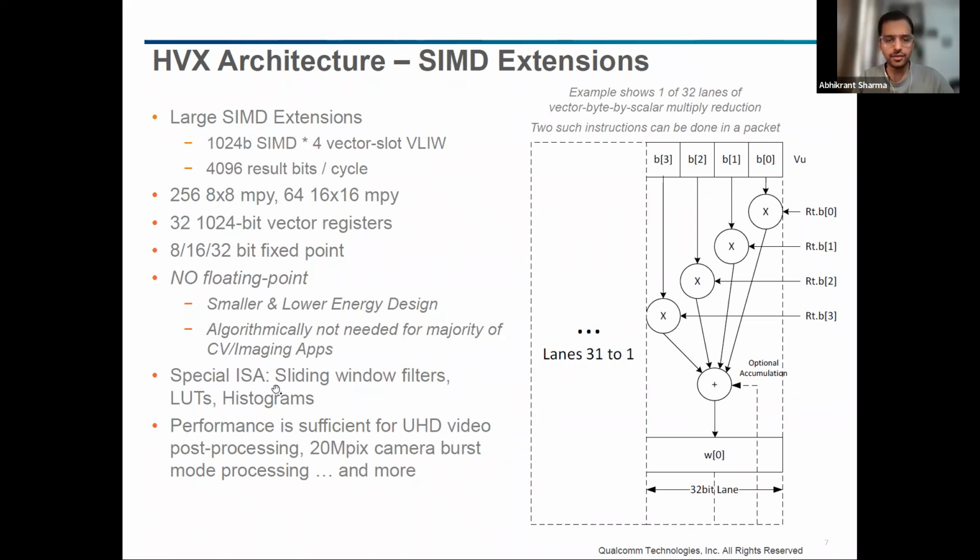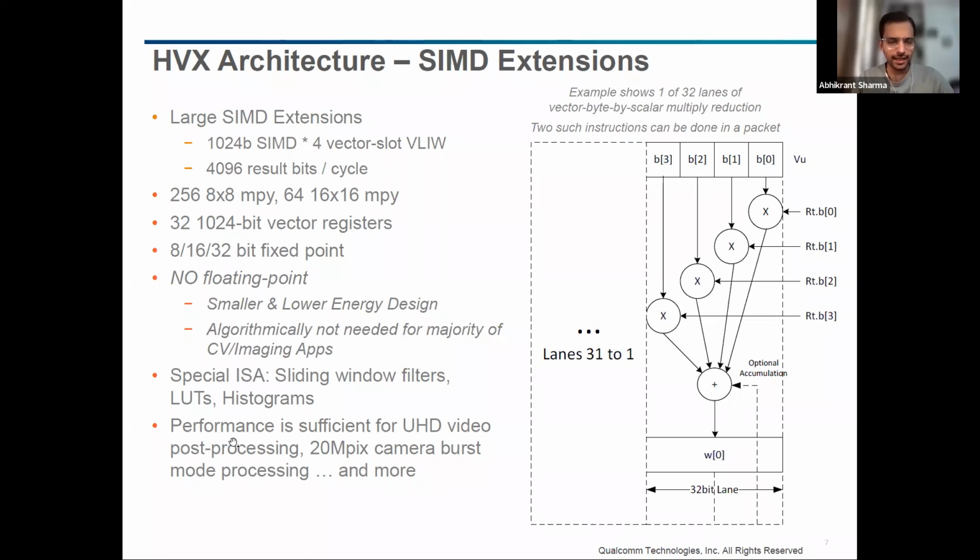So there are dedicated instructions that allow you to perform the sliding window approach on the image. There are dedicated lookup tables, and dedicated instructions which help in getting histogram related information from the images. Histogram, as you might know, is a very important metric in analyzing and getting features from the image, because it tells a lot of information about the image.